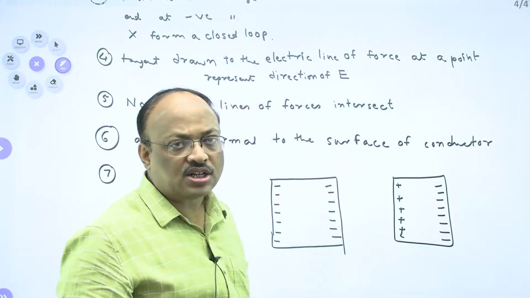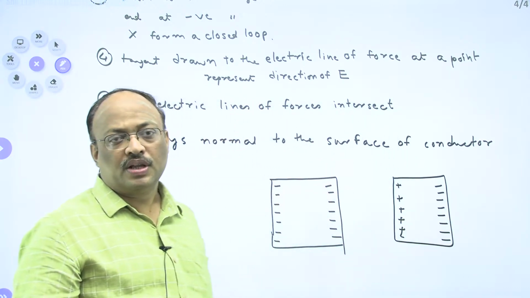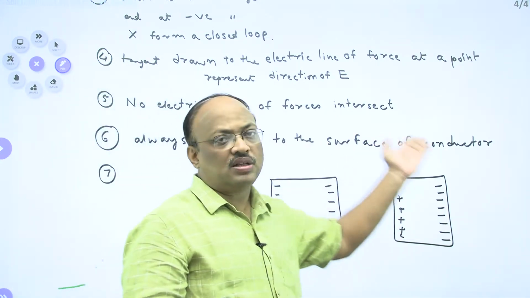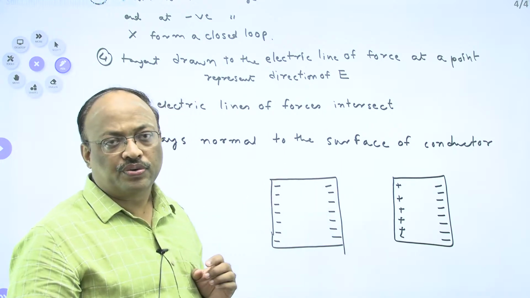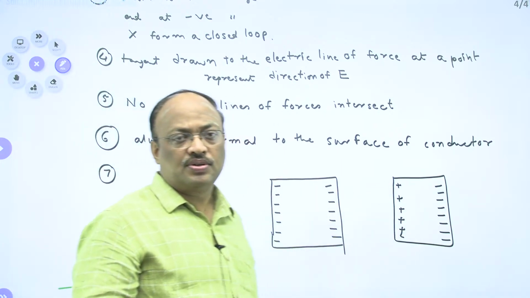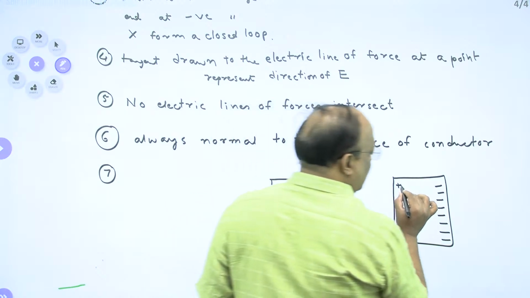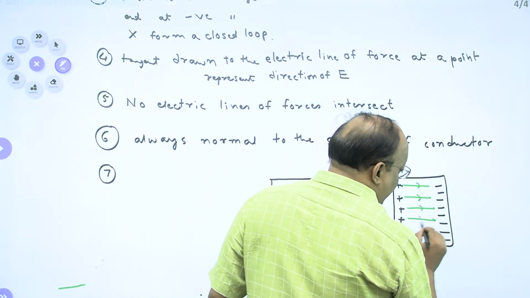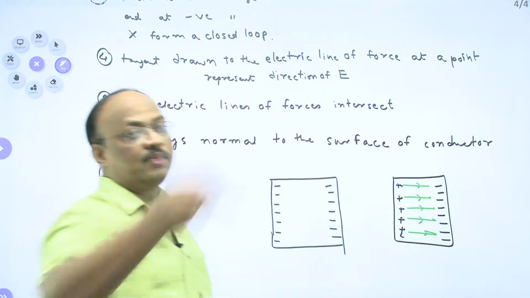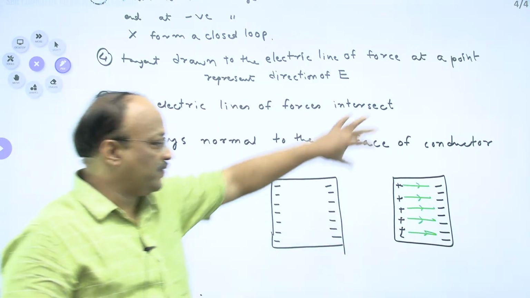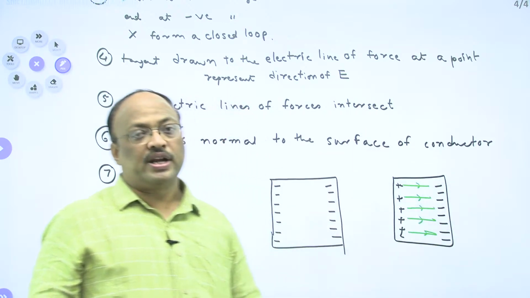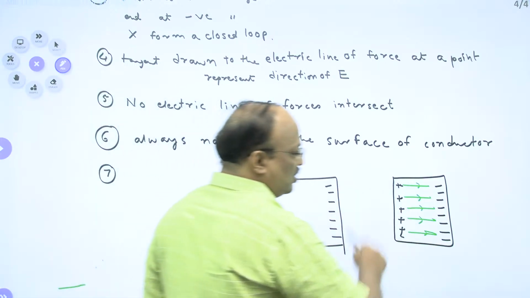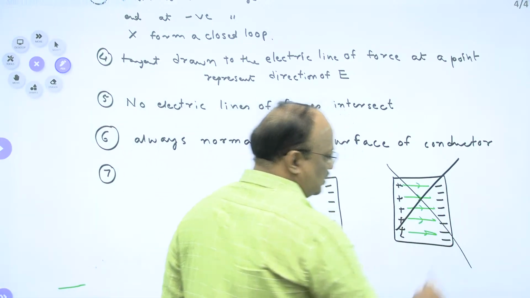We never get a charged body like this. If it were so, then electric lines of force would go from positive to negative inside the conductor, but charging like this is never possible.